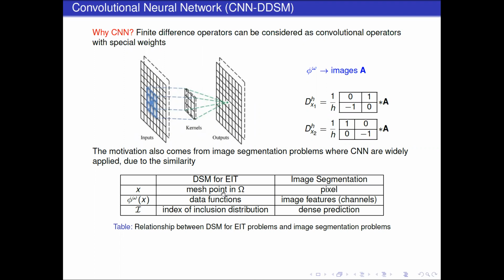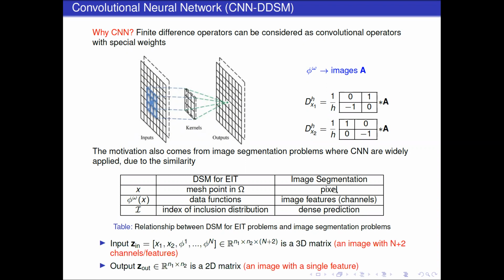For example, the point to be located is a pixel. The data functions phi correspond to image channels for segmentation. And the prediction, the inclusion distribution, is the dense prediction for segmentation.